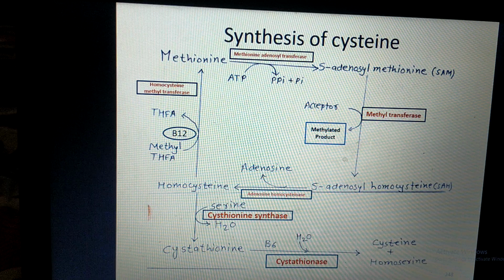Then cystathionine is broken down into two compounds, cysteine and homoserine, with the help of the enzyme cystathionase. This cystathionase is a hydrolase enzyme. It breaks the cystathionine with the help of a water molecule.